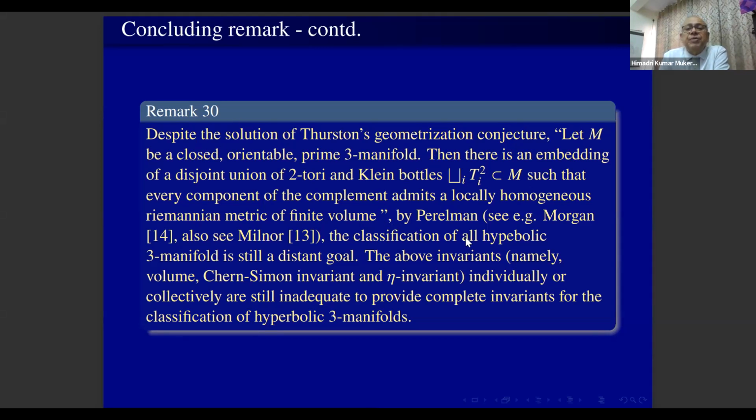This has been solved by Perelman, Morgan, Tian and others. The classification of hyperbolic three manifolds is still a distant goal. Although Thurston's geometrization conjecture is proved, the above invariants, namely volume, Chern-Simons invariant, and eta invariant, are individually or collectively still inadequate to provide a complete invariant for the classification of three manifolds.